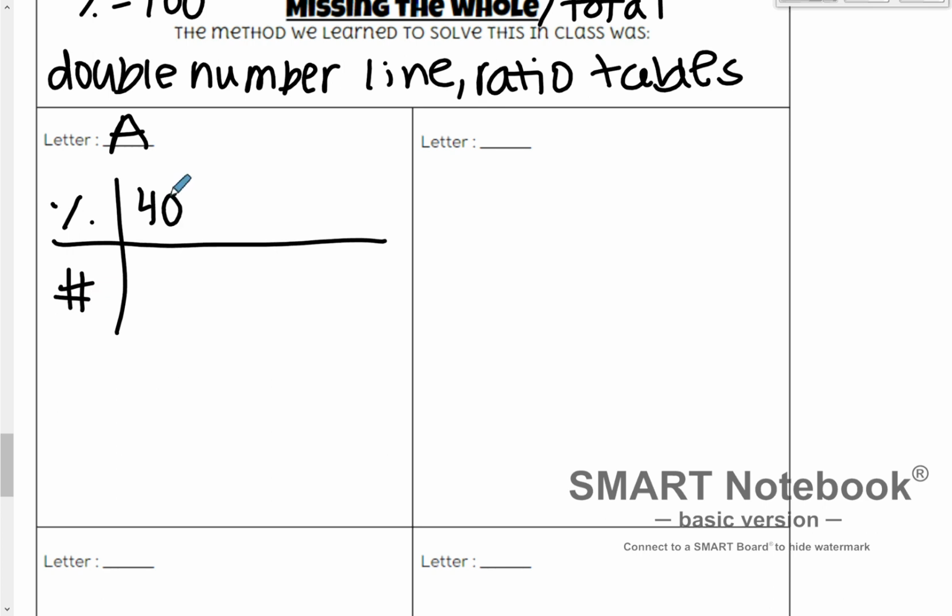The 40% was equal to 10 miles. And actually, I'm going to have you erase something real quick, or you can just cross it off. And instead of just putting number, let's put miles, since there's actually a real label for this example. It'll just give us more meaning for our answer. Okay, so 40% is equal to 10 miles.